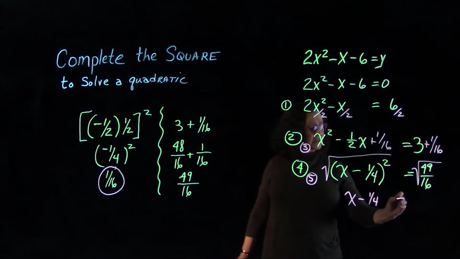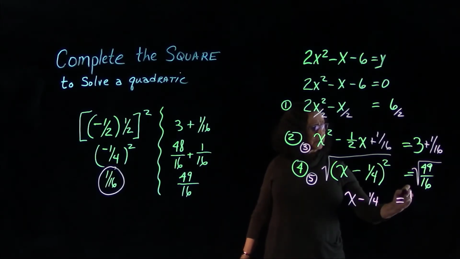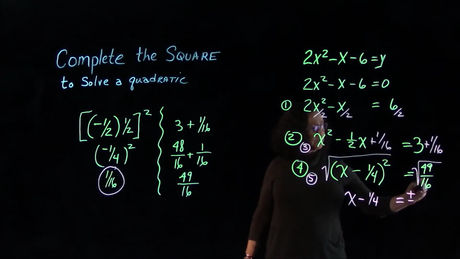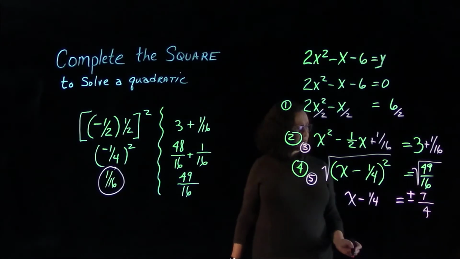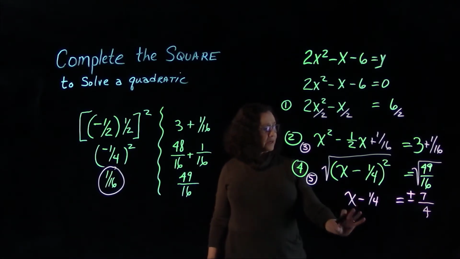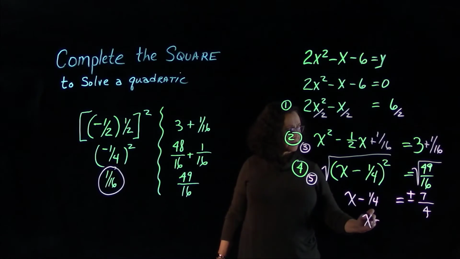And on the right-hand side, we need to remember that when we take a square root, we get two roots. We get a positive root and a negative root. The square root of 49 is 7, and the square root of 16 is 4. And now we want to isolate that x by adding 1/4 to both sides.